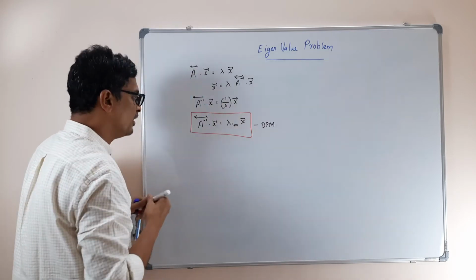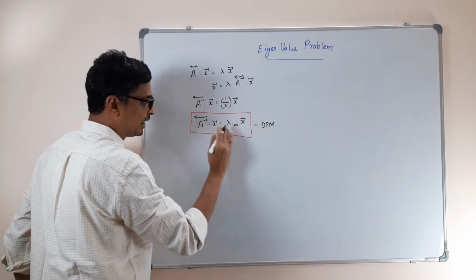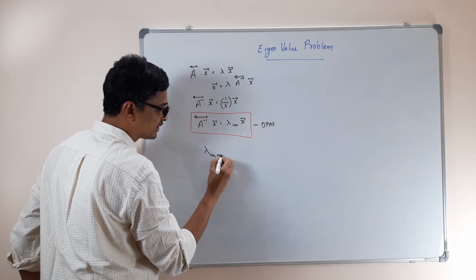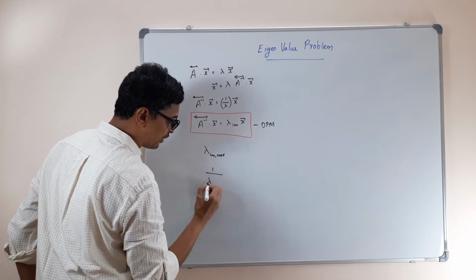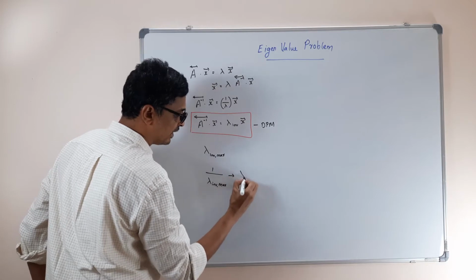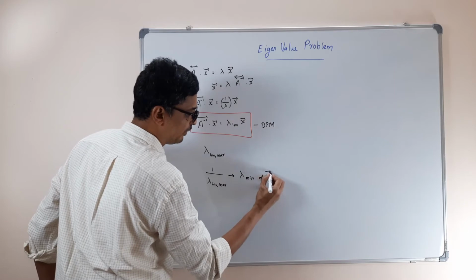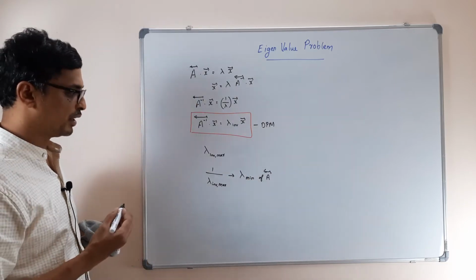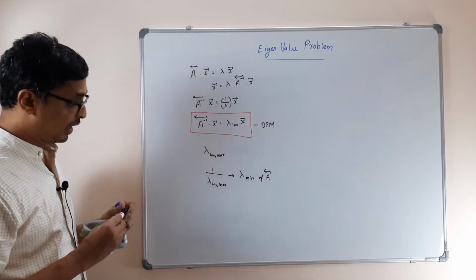So when I solve this using the direct power method, we will get a λ inverse max, and 1 by λ inverse max will be the λ min of the matrix A. By this method, we can find the minimum magnitude eigenvalue and the corresponding eigenvector x.